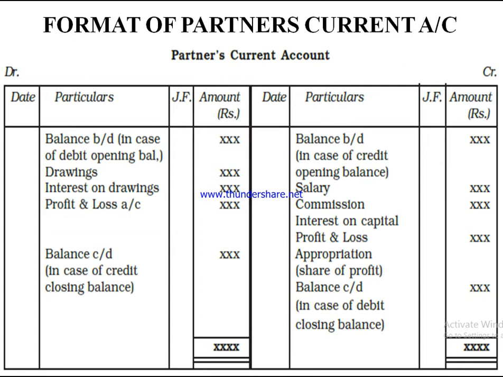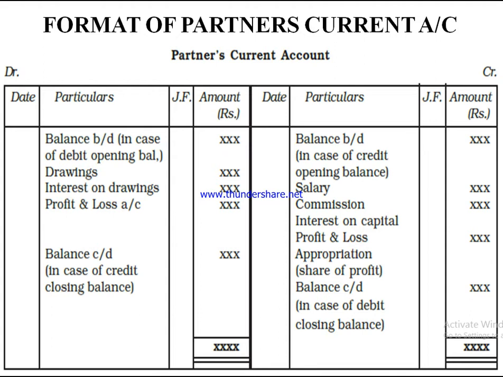Then interest on capital. See, here the partner is going to get interest on capital from the firm, so it is beneficial for the partners. So we show it on the credit side. Next, partners also get salary or commission, so we show it on the credit side. And profit or loss from the profit and loss appropriation account.